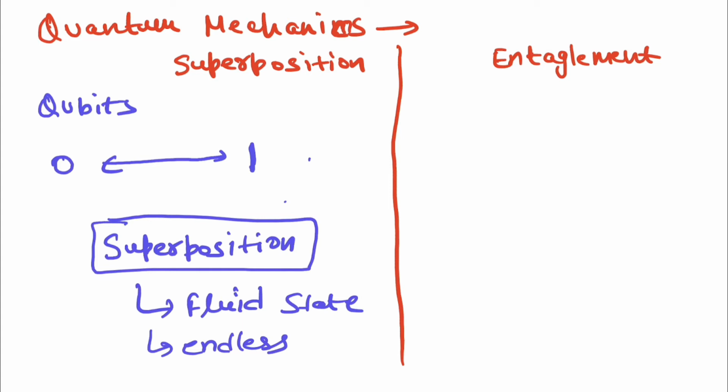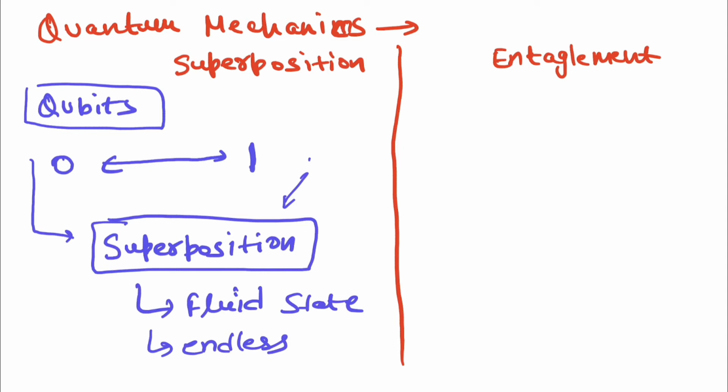And qubits exhibit this property of superposition. The quantum computers being designed, the research work that's going on, the first implementations which have been rolled out, use the superposition concept to maintain these endless states.